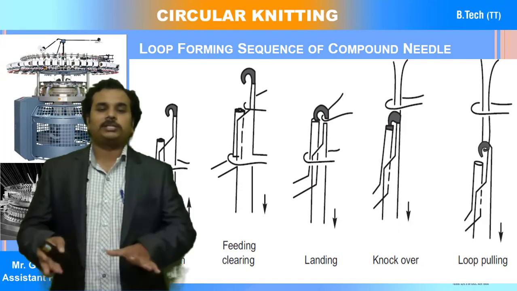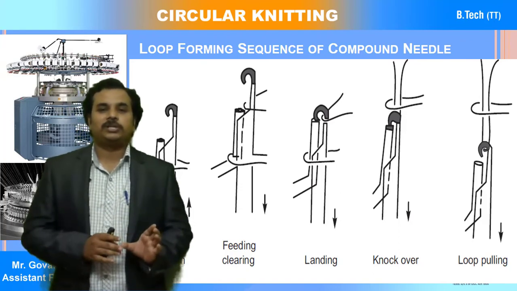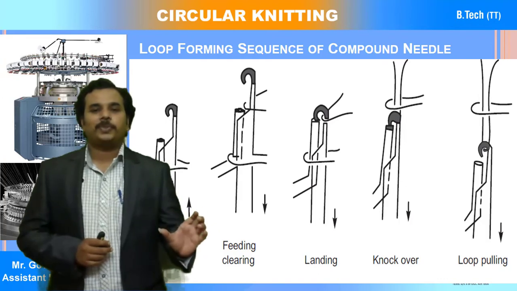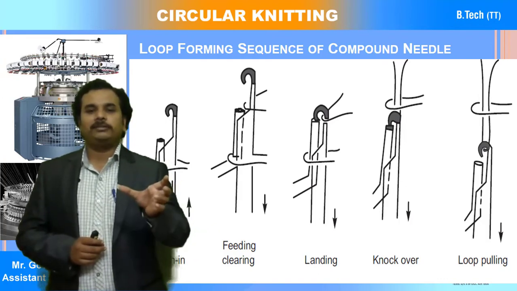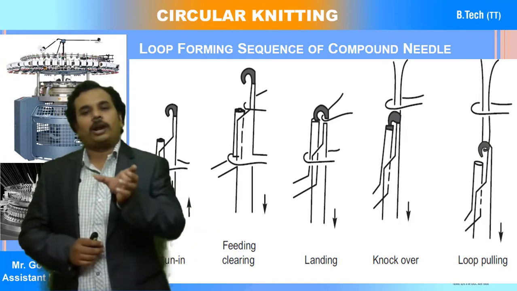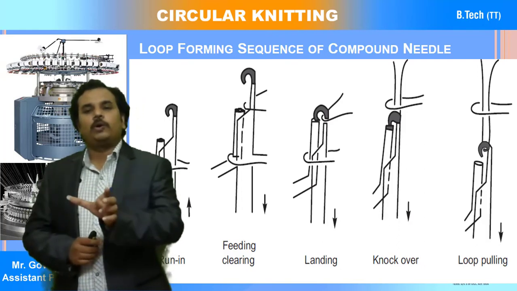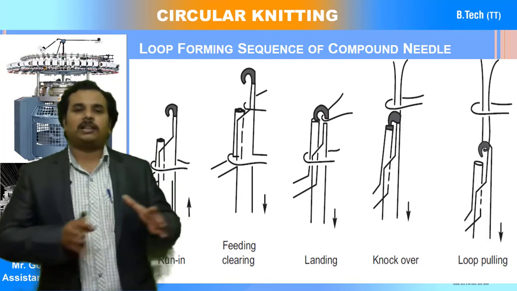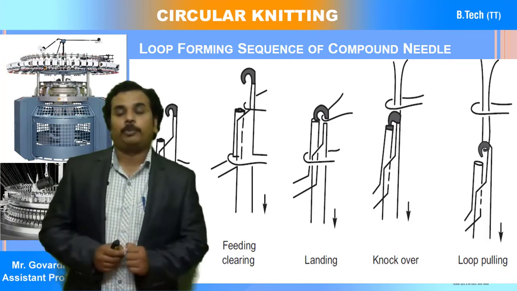Here also in the compound needle: running, feeding and clearing, loop landing, knocking over, then loop pulling. These are the 5 basic steps in the compound needle.